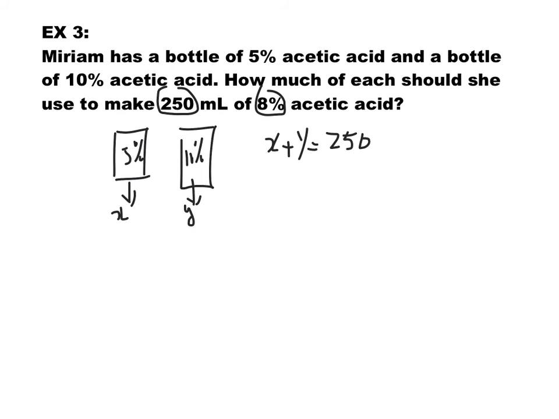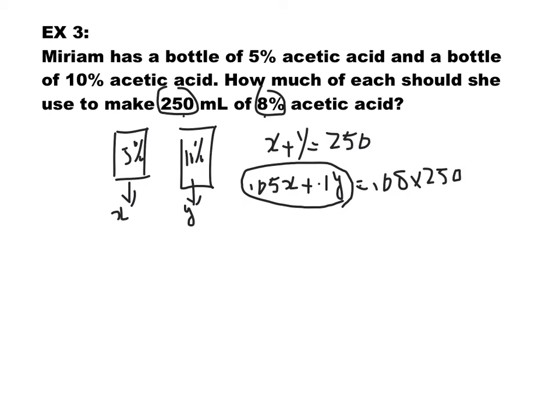This means that if I multiply X by 5%, meaning 0.05, and then add 0.1 Y, the reason 0.1 is because 10% is 10 divided by 100, which is 1 over 10, which is 0.1 times Y. This is the amount of acid I'm going to have in my solution. This has to be equal to 8% times 250. So it's 0.08 times 250.